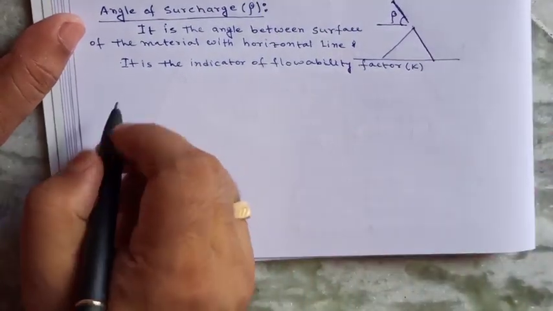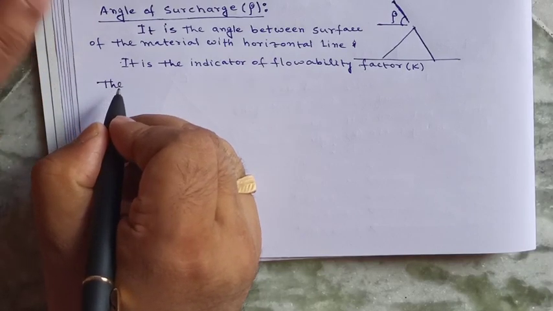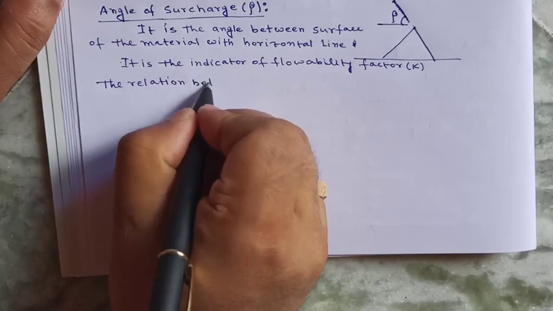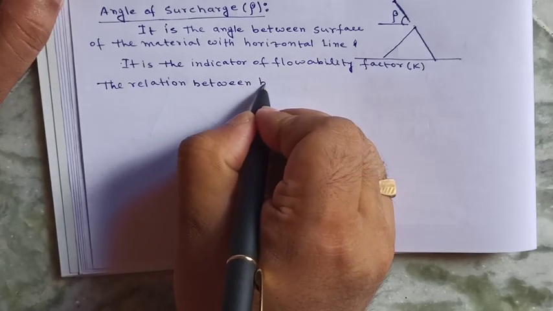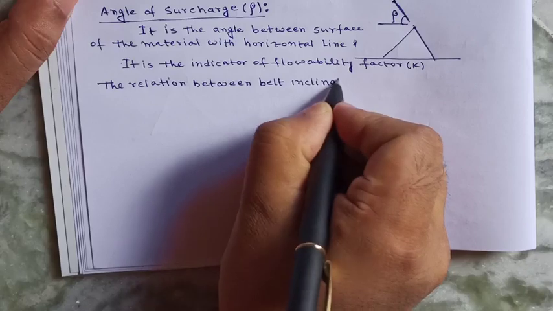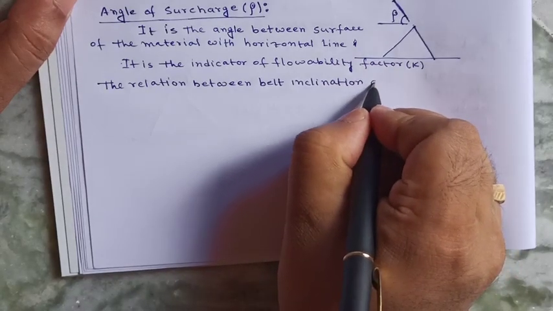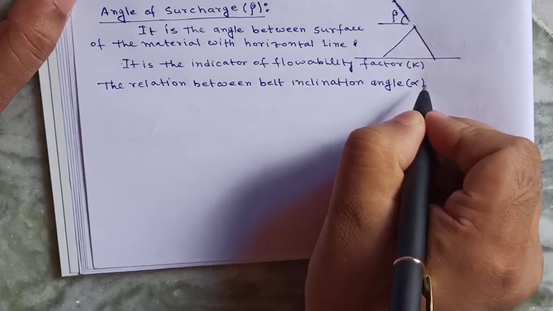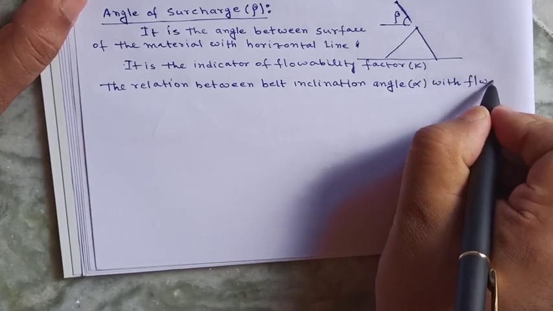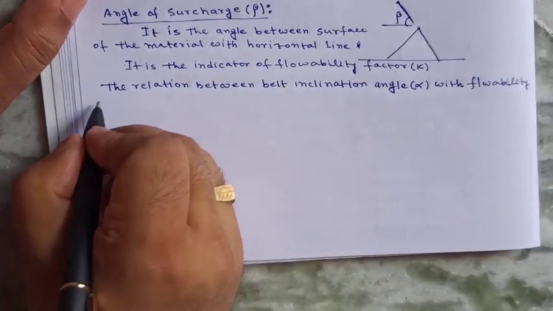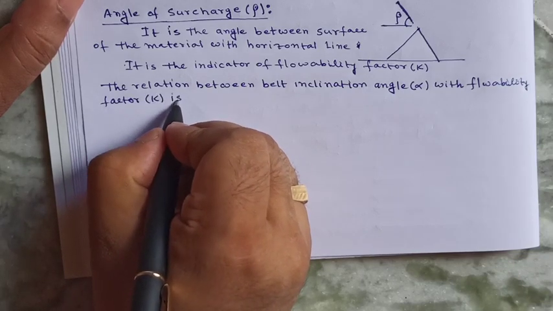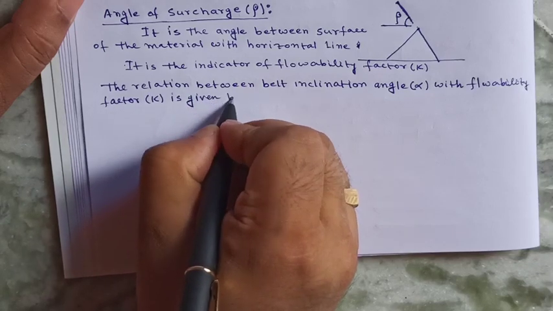Now the relationship between the belt inclination angle, which is alpha, with the flowability factor, that is K, is given below.